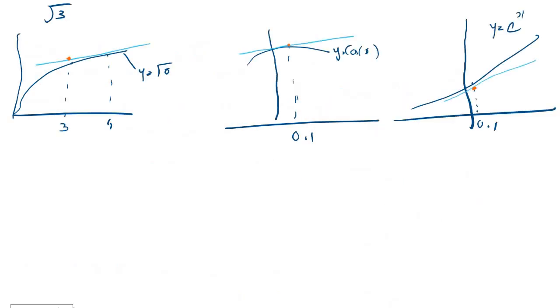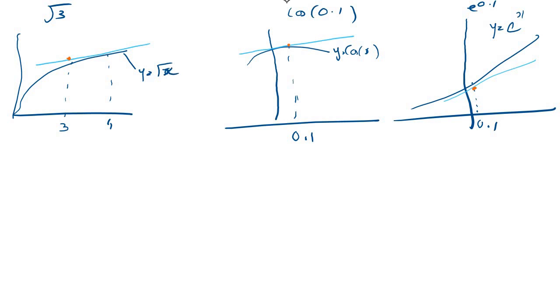So in summary, we looked at three approximations: root 3, cos 0.1 and e to the power 0.1. For root 3, we assumed the function was y equals square root of x.